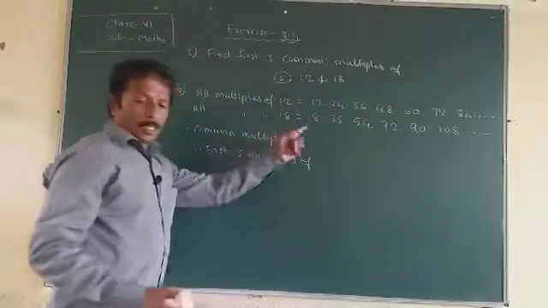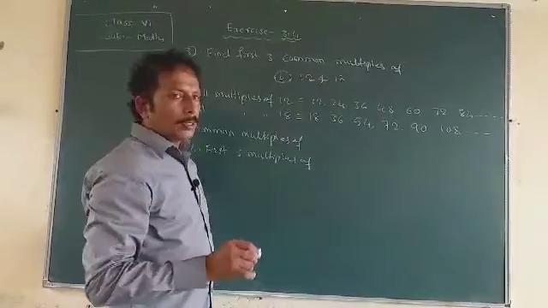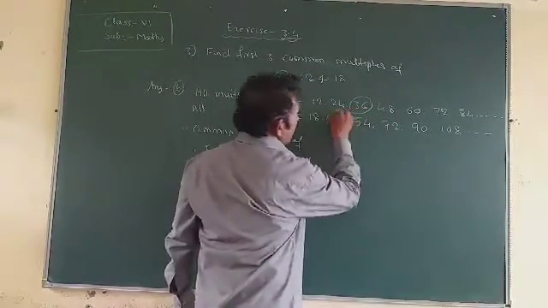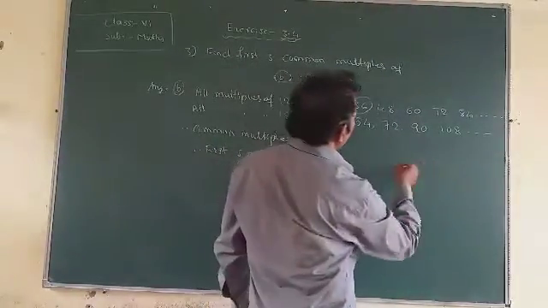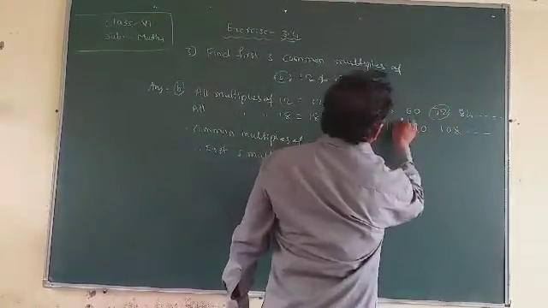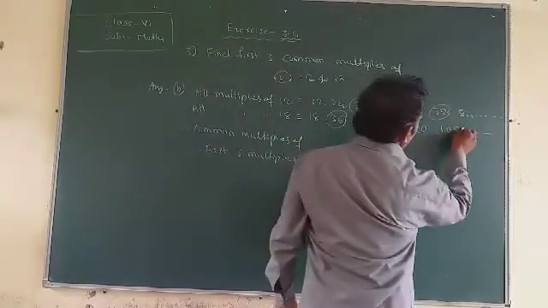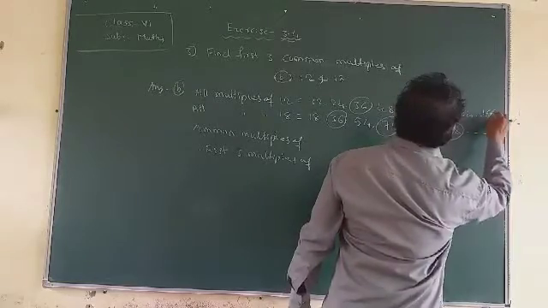So, in both the lists of multiples, circle the numbers which are common. First number is 36. Then second number is 72. Then third number is 108.